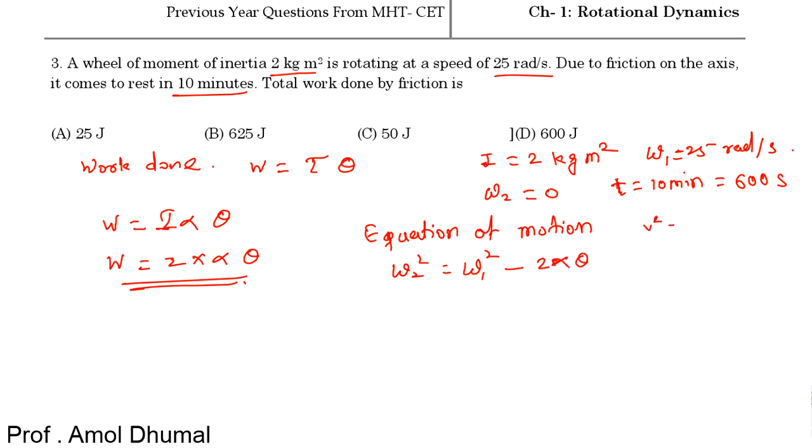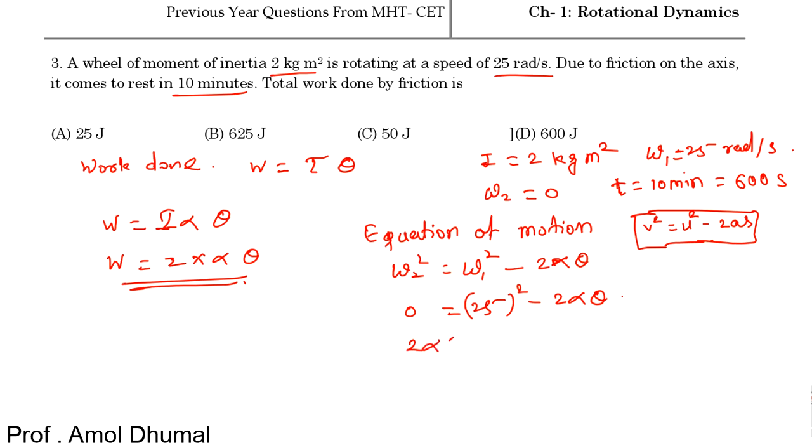Just like v square is equal to u square minus 2as, the linear equation of motion, it is analogous for angular motion, where alpha is angular acceleration and theta is angular displacement. So here omega 2 is equal to 0, and omega 1 is given as 25, so 0 equals 25 square minus 2 alpha into theta.